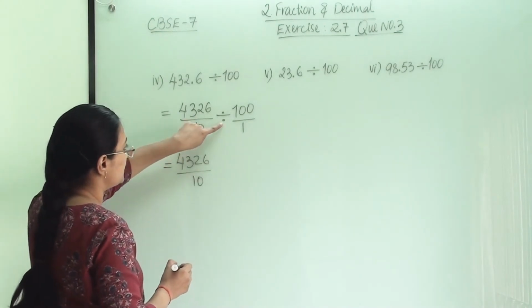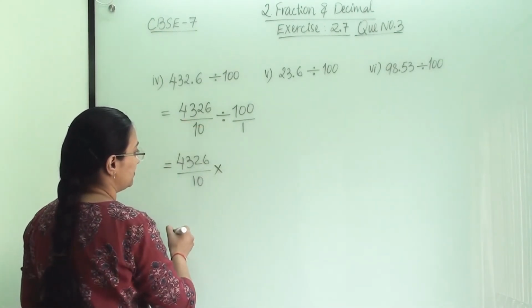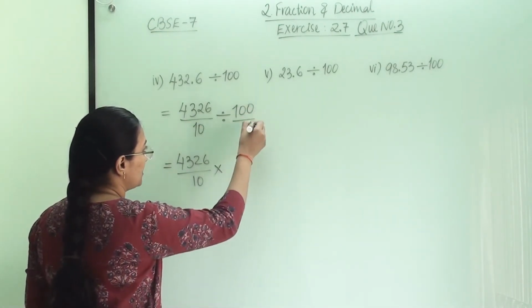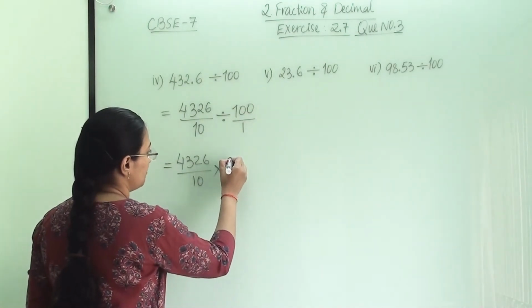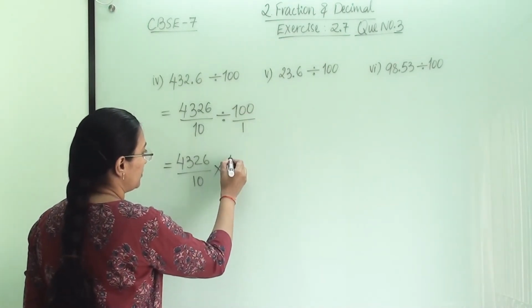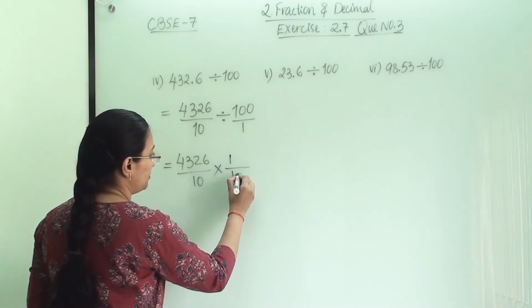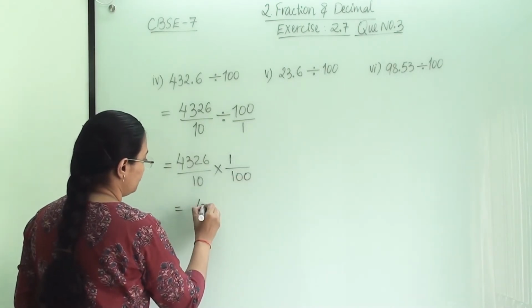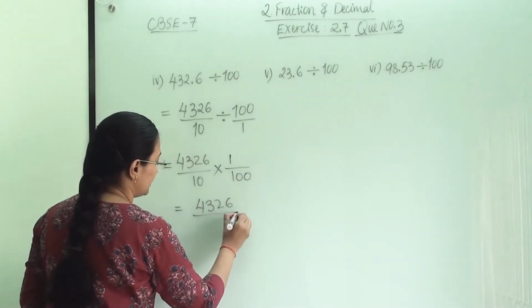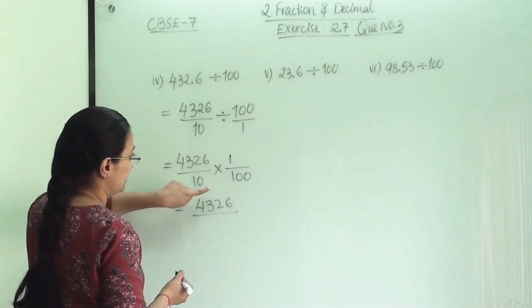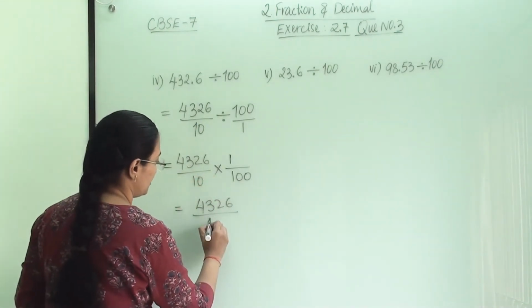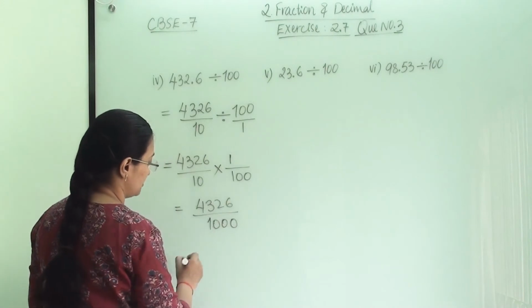Now convert this division sign into a multiplication sign, and take the reciprocal of this fraction. So 100 divided by 1 will become 1 divided by 100. Now 4326, and in its denominator 10 into 100, so we get 1000.